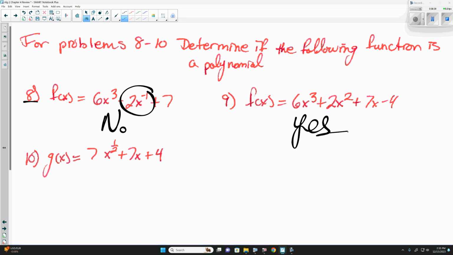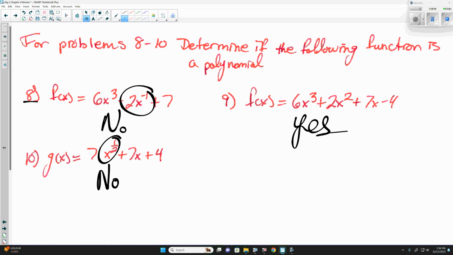10. Is 10 a polynomial function? No. And specifically, it's got to attach to the x, because if it had been 4 to the 1/2, technically it'd be fine, because that's just a square root of 4.